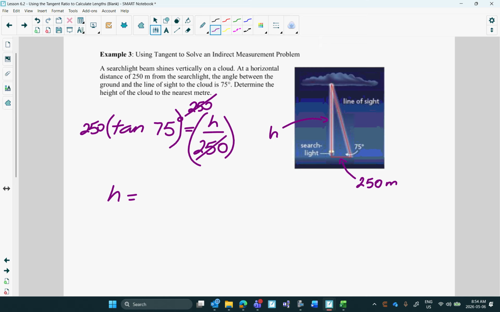What would we get? Anybody got it? 933. Do I have a second person that got that? 933 meters. Okay.